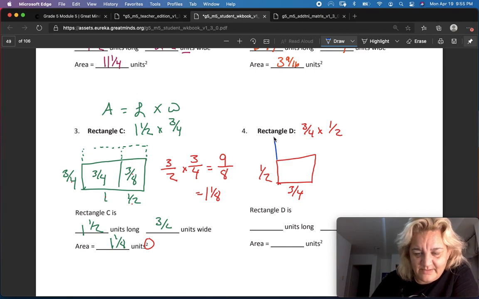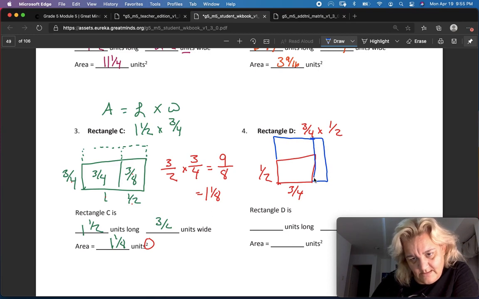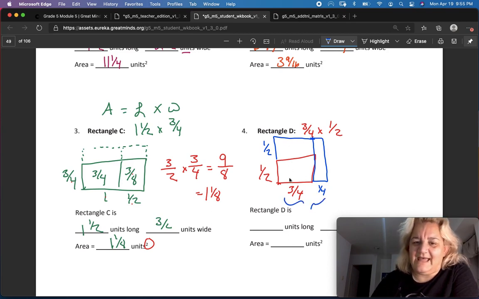If this is 1/2, it would be here, and if this is 3/4, it would be about there. So this is 1/4 and this is 1/2, and together they make 1. And the area of this whole thing is 1. So if we're finding the area of this section, it's going to be less than 1, isn't it? If it's more than 1, we've got a problem. Okay, so this section has got to be less than 1.